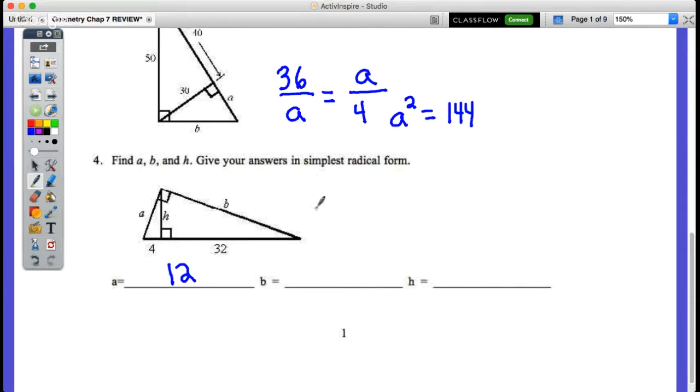For B, the entire hypotenuse is 36, correct? Yes. The part attached to leg B is 32. Do you understand how I set that up? Yeah. B squared equals, what is 36 times 32? 1,152.